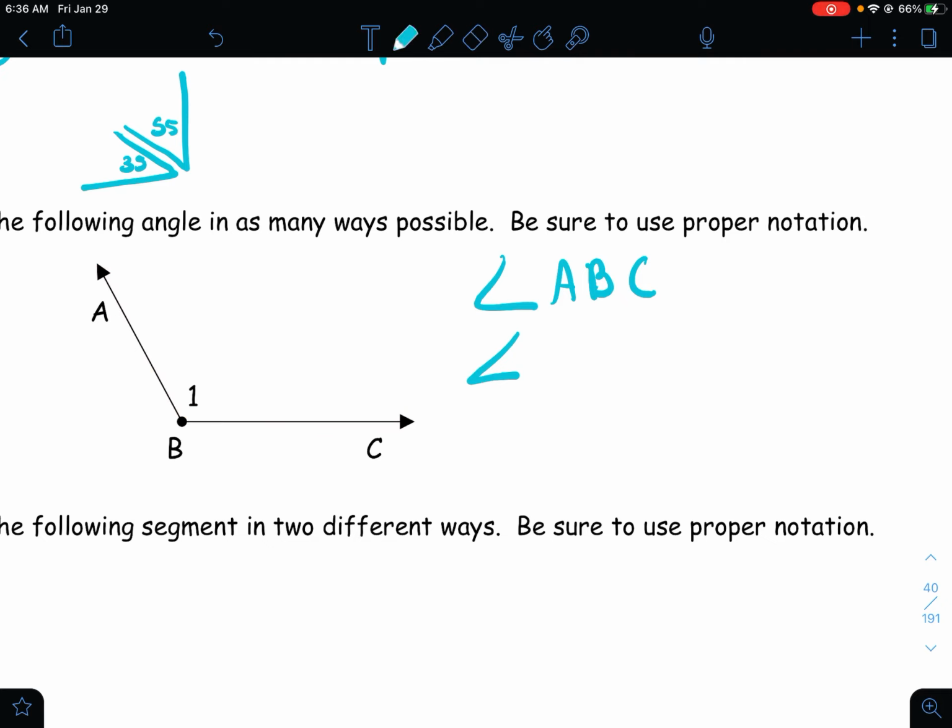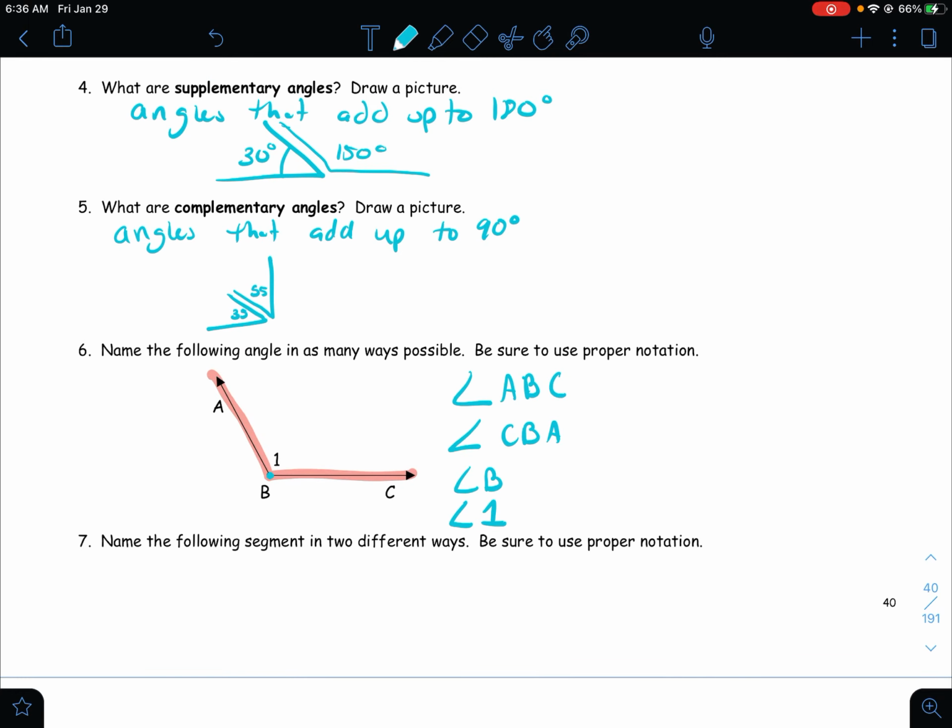So in this case, we could do ABC, CBA. We could just say angle B, or we could say angle 1. So there's actually quite a few different ways that we could name that, right? Again, we could do ABC, CBA, angle B, or angle 1.